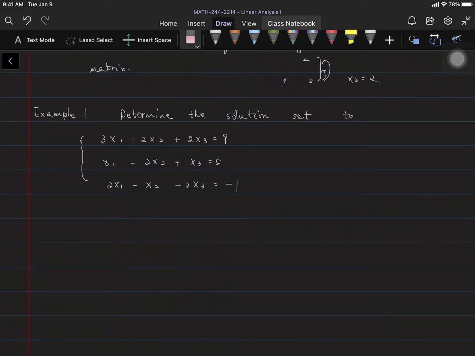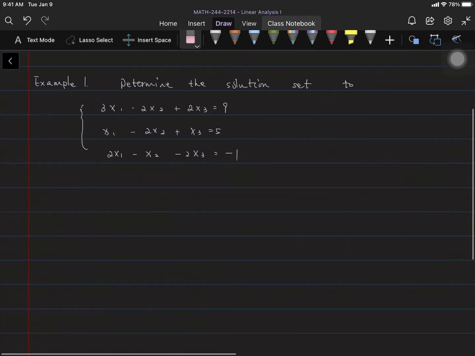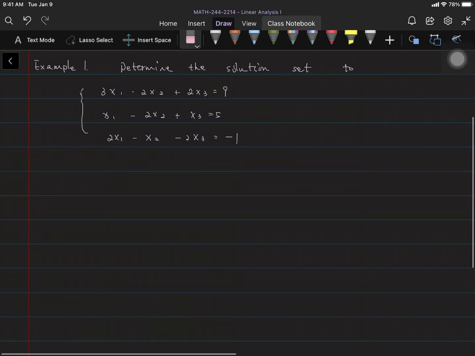Let's see. First example, we are going to determine the solution set to this linear system. So first step, for this kind of thing, we want to write down the augmented matrix. That means we pick all the useful information for this matrix. Augmented matrix means the coefficient matrix together with the constant b.